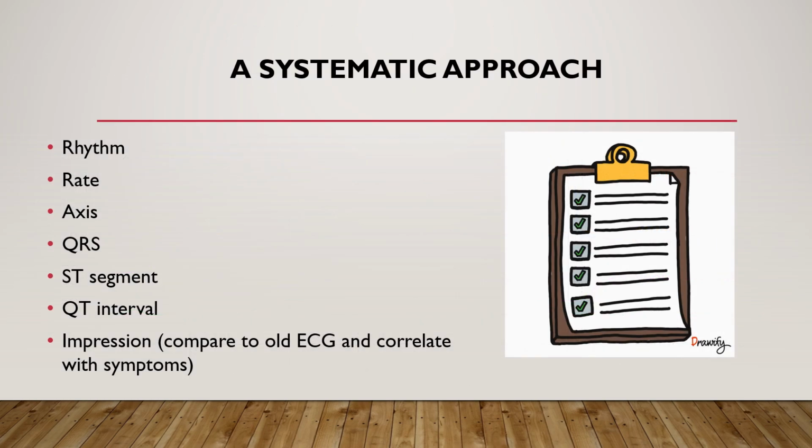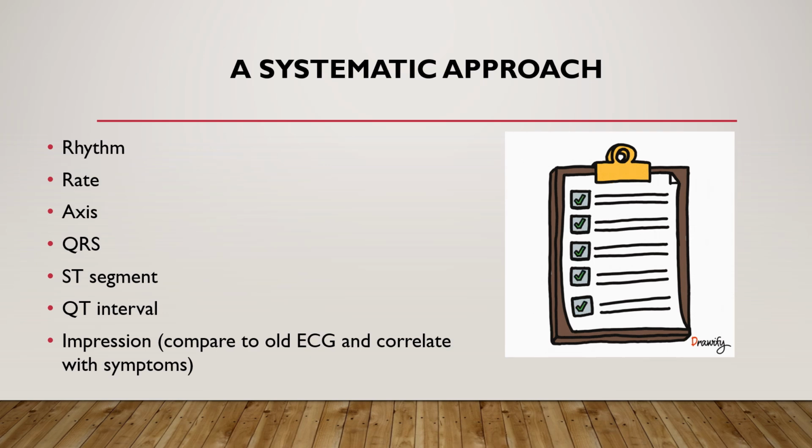When reviewing an ECG, it is important to have a systematic approach, which is somewhat similar to a systematic approach of an anesthesia machine check before your first case, or how you do certain procedures.